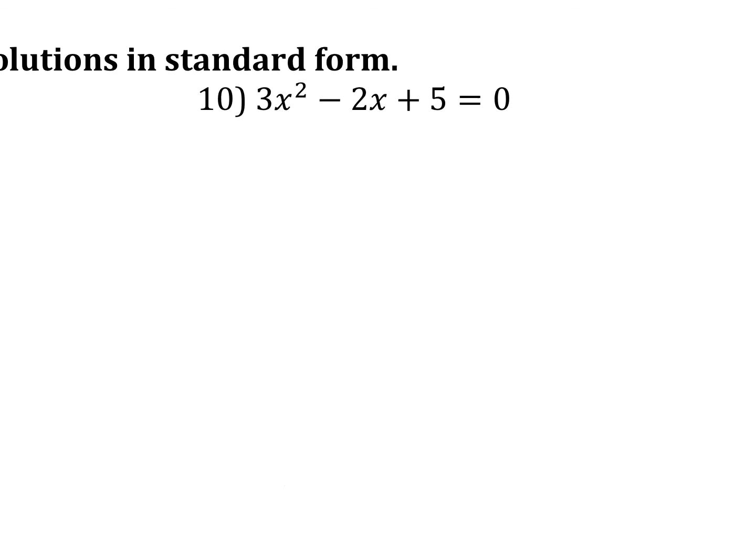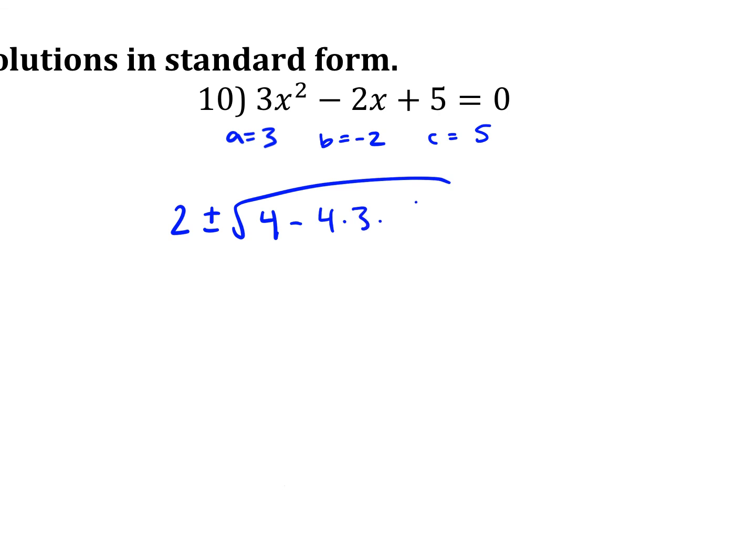So we can't factor. So our a is 3, our b is negative 2, and our c is 5. Let's use the quadratic formula just like the last one. So we have negative b, negative negative 2, and negative positive 2, plus or minus the square root of b squared. So negative 2 squared would be positive 4, minus 4 times a times c over 2 times a.